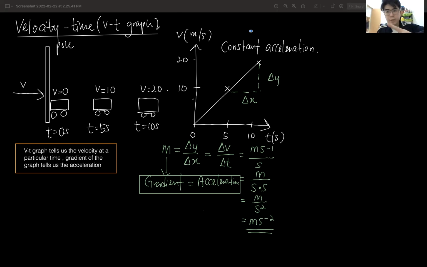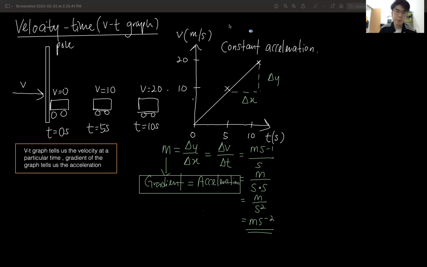The graph itself tells us the velocity at a certain time. It doesn't tell us the change. Mind the word, I say it again. The graph tells us the velocity at a particular point in time. It doesn't tell us the change. What tells us the change? The gradient is the one that tells us the change in the velocity. So the gradient is the acceleration. Okay, change in velocity. So acceleration is change in velocity.